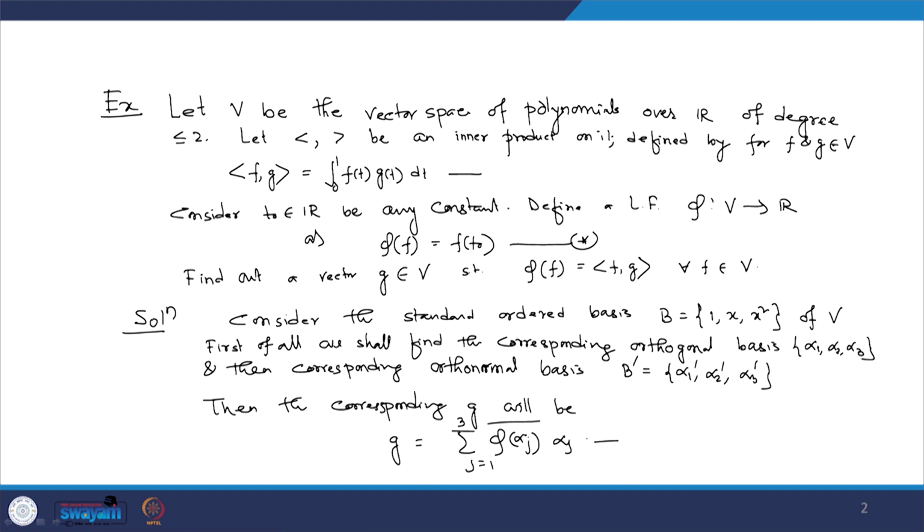Since we have taken the space over the reals, phi of alpha j bar is simply phi of alpha j. Here these are all primes.